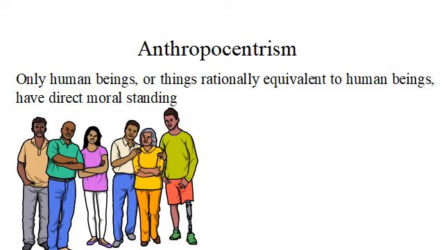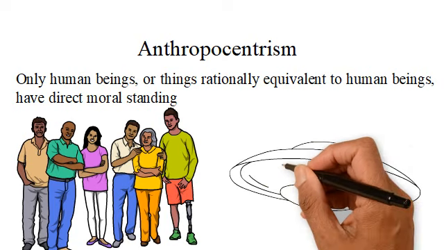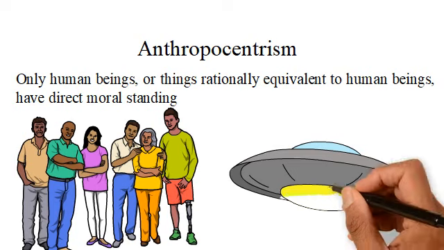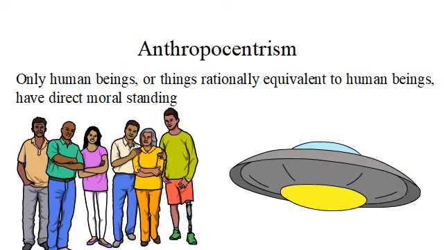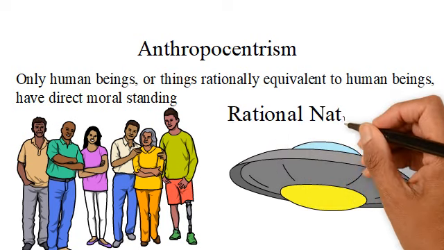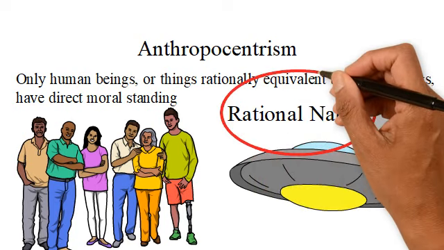However, this does not necessarily only extend to human beings. For example, if we discovered a species of alien that also had the capacity for rational autonomy that is equivalent to our own, then on anthropocentric grounds, those alien beings would be our moral equals. For the anthropocentrist, it is not our status as Homo sapiens that is doing the explanatory work, but rather the type of rational nature Homo sapiens typically have that is doing the explanatory work.